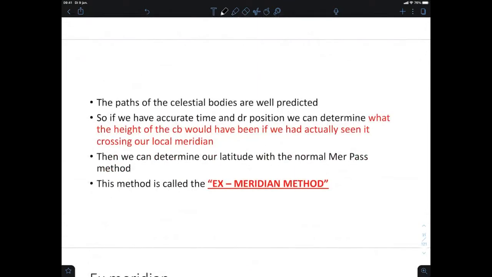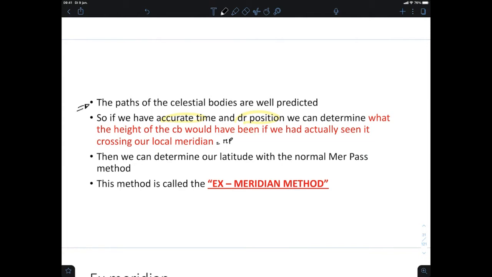Because we know the paths of our celestial bodies, they are well predicted, and when we have our accurate time and our dead reckoning position, we can determine what the height of the celestial body would have been if we had actually seen it crossing our local meridian at the actual moment of meridian passage.